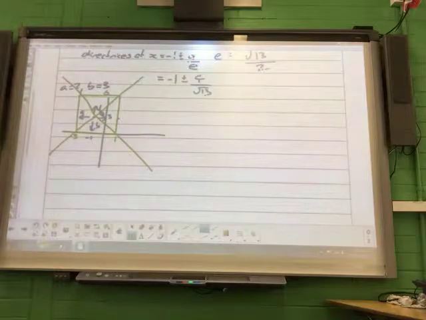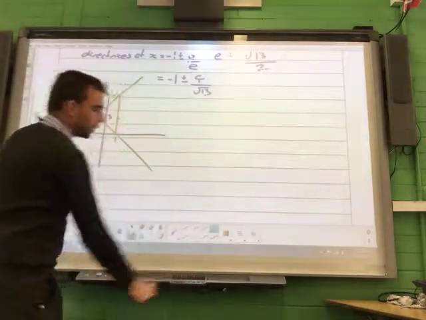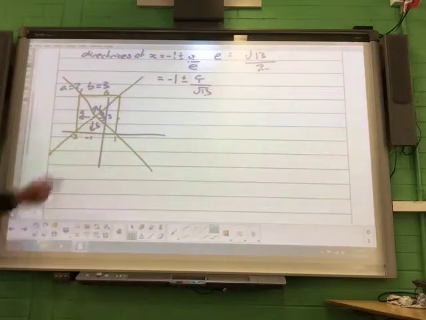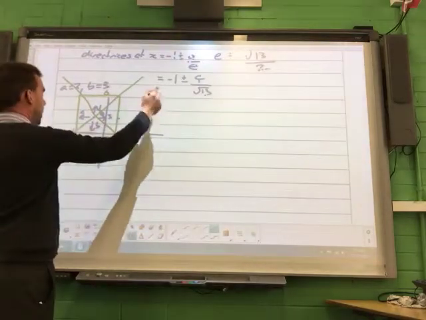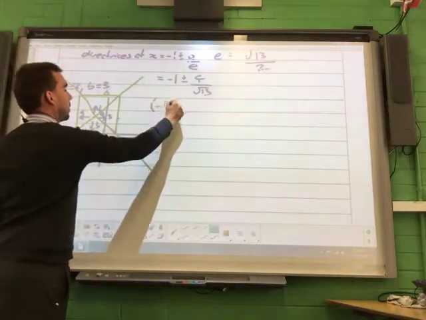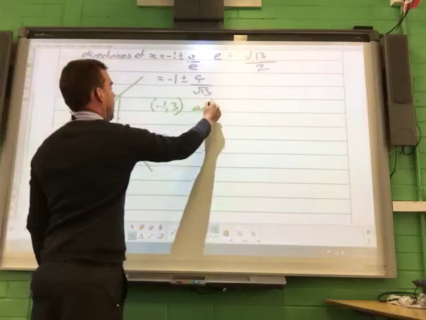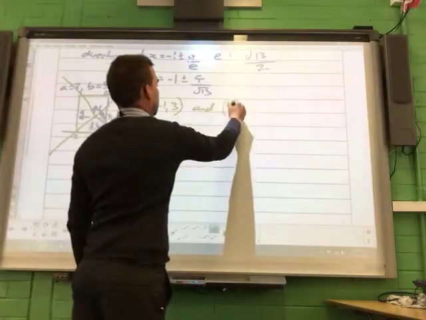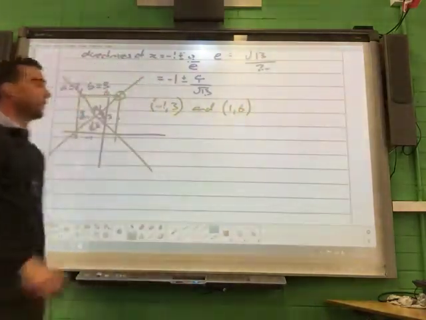Right, so to determine the equation of the asymptotes, you can either go back to the formula that I've provided for you in that section, or we can use your mathematics skills and use 2 points with the point-gradient formula. If I know the centre is at (-1, 3), and let's take this point here, from the dimensions of the rectangle it's (1, 6).